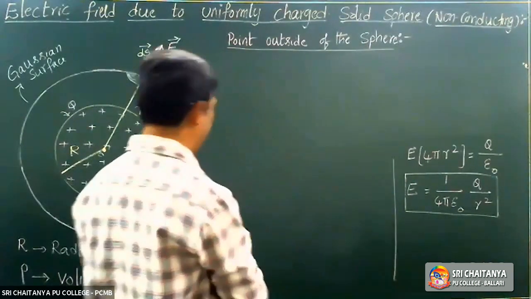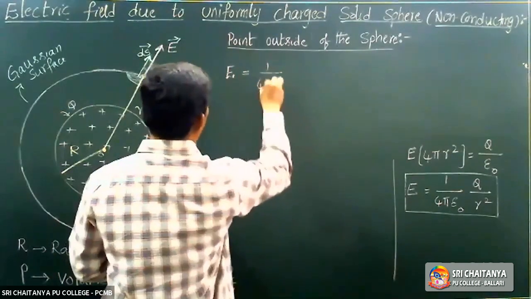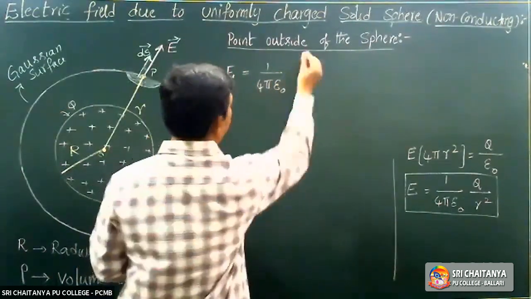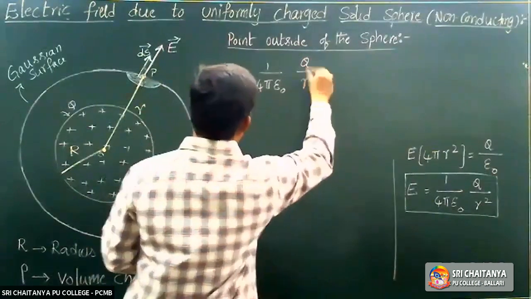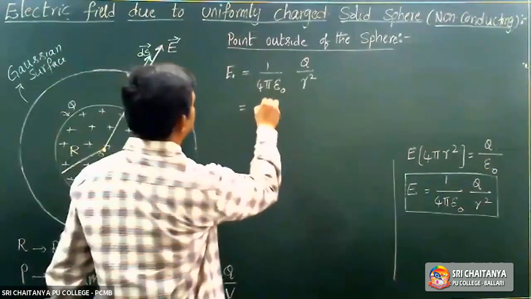See what formula we have? E is equal to 1 by 4 pi epsilon naught Q by r square. I want to write in terms of rho. Can I write it like this?